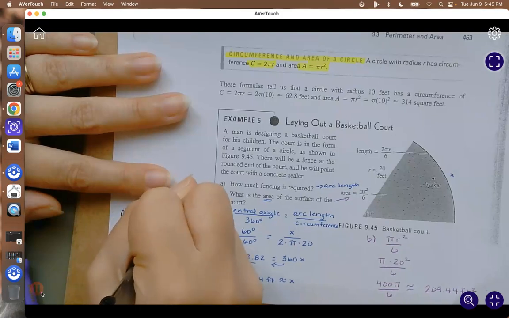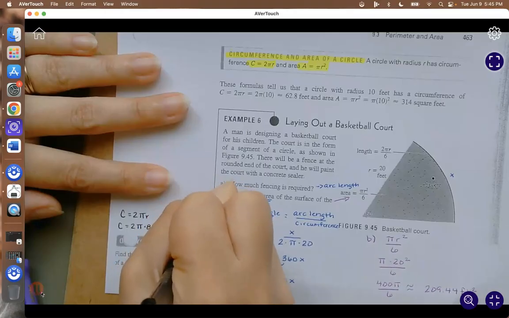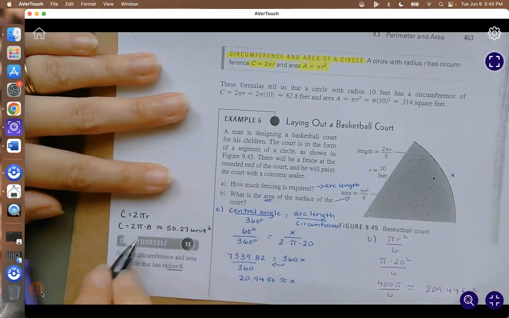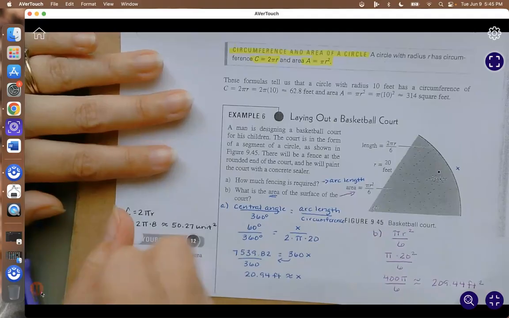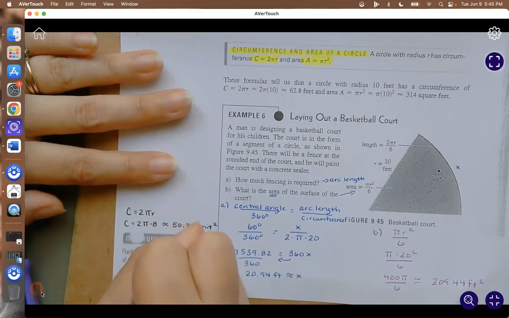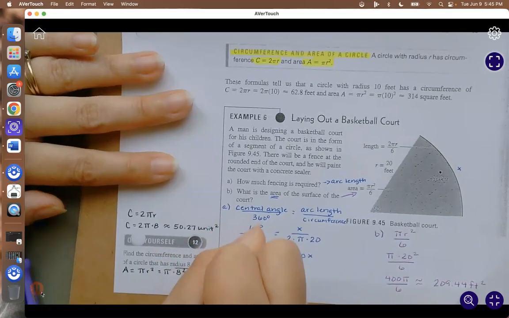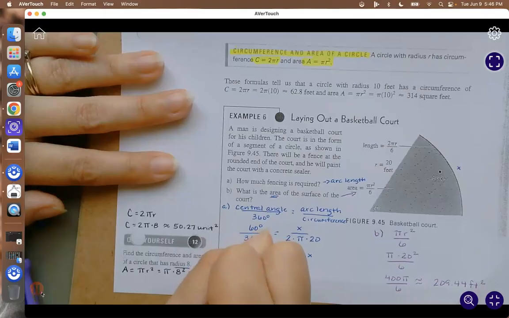And that gives me 50.27 units. And make sure you're using your pi button. Don't use 3.14. Area is pi r squared. So this is pi times 8 squared, which is 201.06 square units.